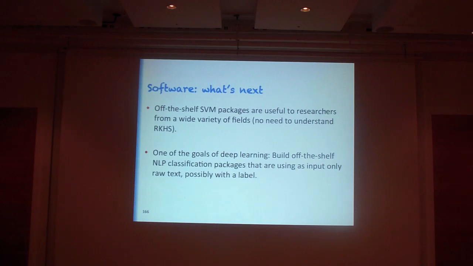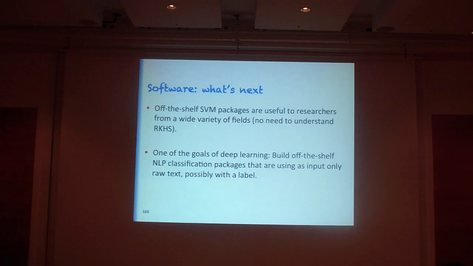Now, speaking about software, I think there's still work to do from people like me and Richard and Chris and others to make the deep learning algorithms really easy to use for non-specialists, in particular for NLP. This kind of thing has been really important for SVMs, thanks to off-the-shelf packages.